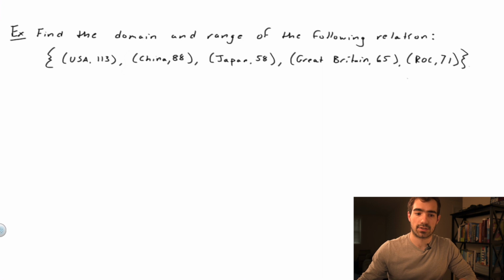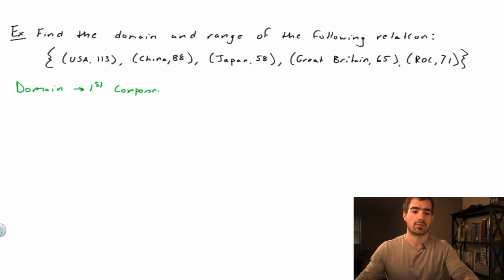And so we've got a collection here of 1, 2, 3, 4, 5 ordered pairs, each with a first component and a second component. And so we have to identify what makes up the domain and what makes up the range. Now, if we remember that the domain is the first component of these, we're going to be looking at USA, China, Japan, Great Britain, and ROC, right?